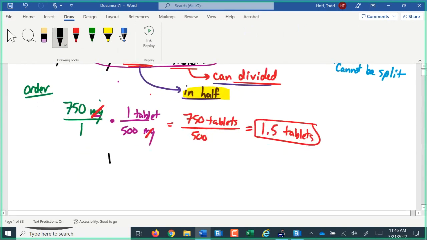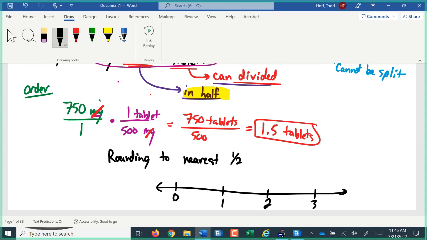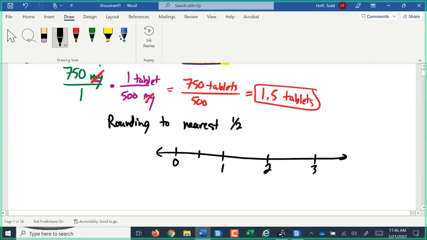When we do that, you have to be a little careful when we're looking at a number line at 0, 1, 2, or 3. We're also looking at half in each of these.